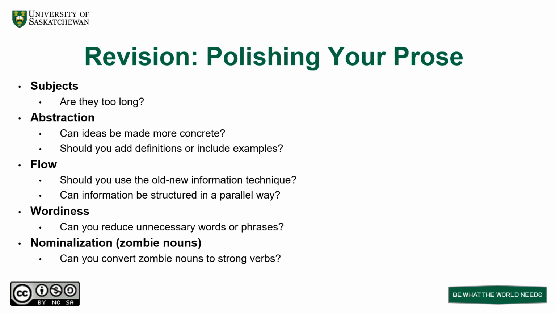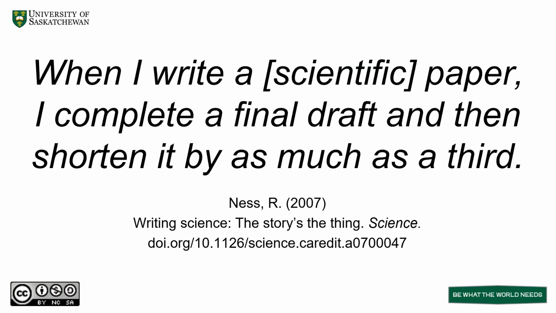What about flow? Am I using the old-new information technique? Am I making use of parallel structures? What about wordiness? How can I reduce unnecessary words or phrases? And am I falling into nominalization? Can I change some of these nouns to stronger verbs? Because ultimately, revision and redrafting is a huge part of the writing process.